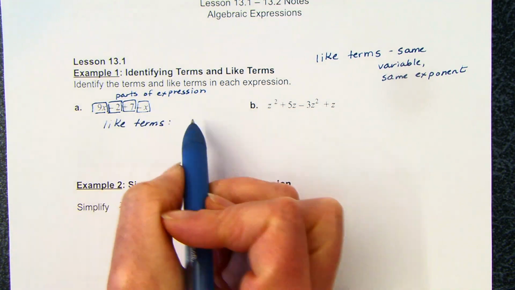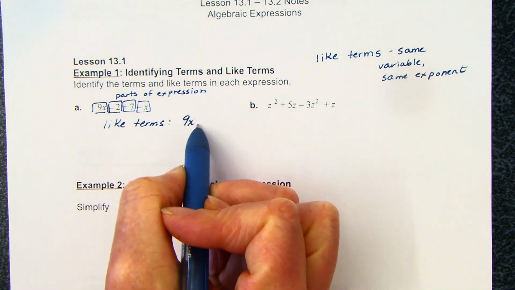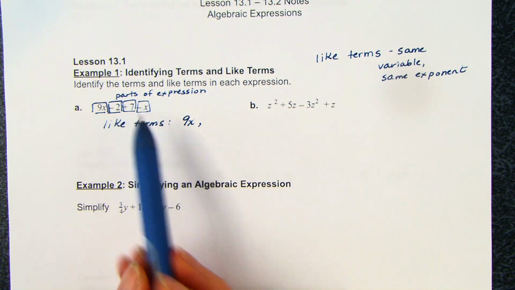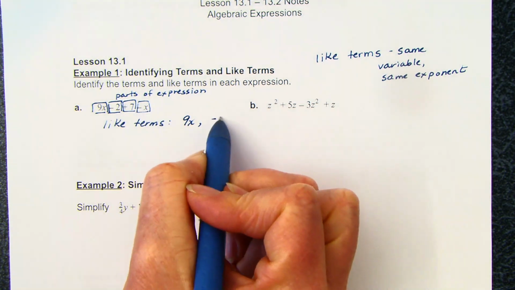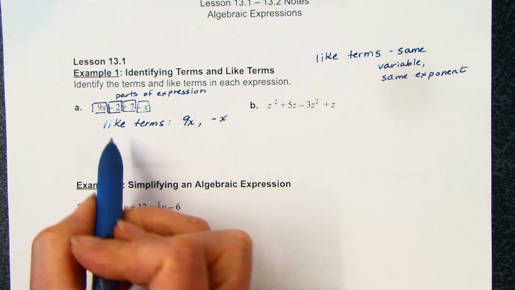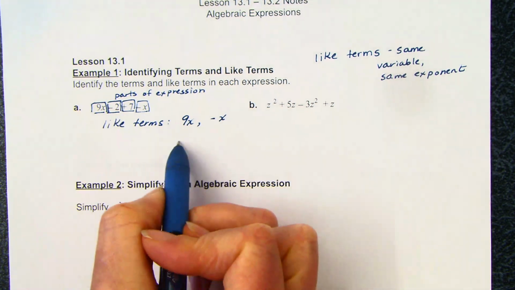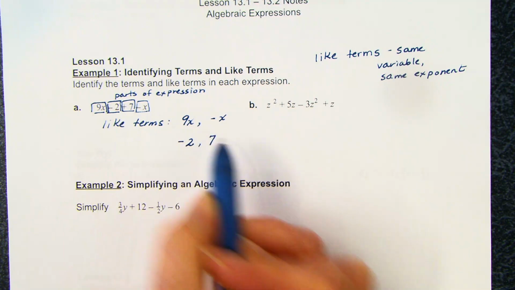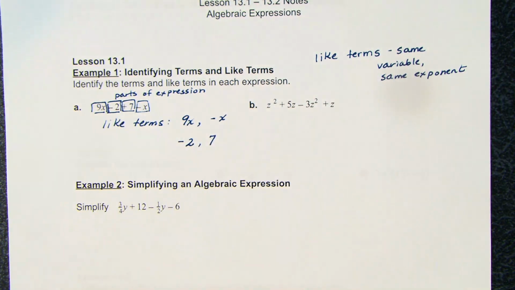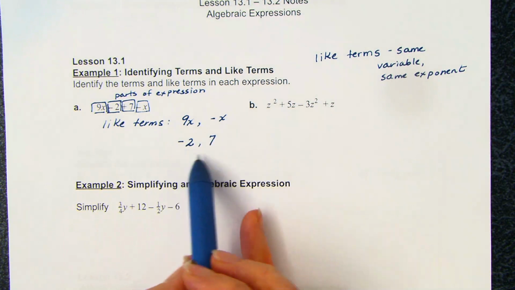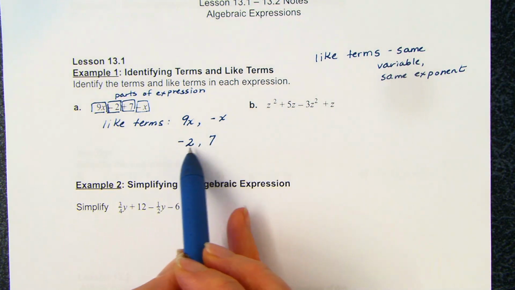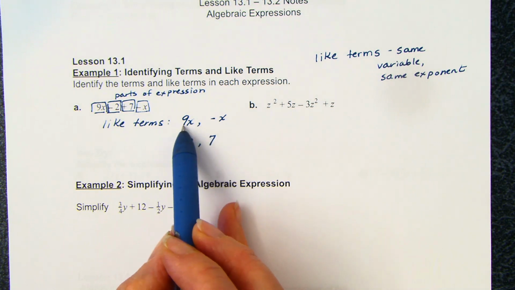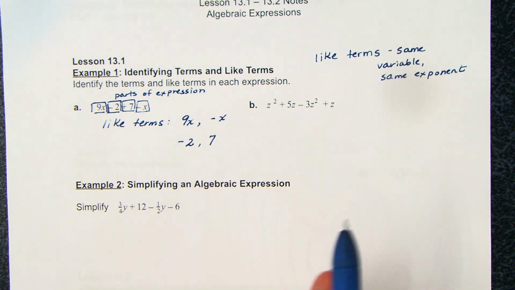So I've got a 9x. And then when I look across there, I see negative x or negative 1x. And then I see a negative 2 and a positive 7. You don't have to write the positive sign. Do you remember that these are constants? Constants are the numbers that don't have a variable attached. And then this is the coefficient and the variable.